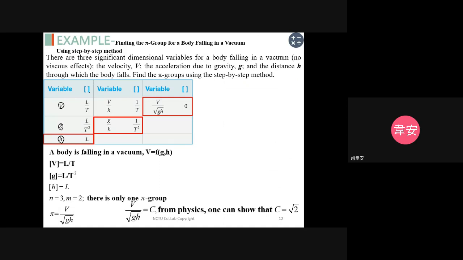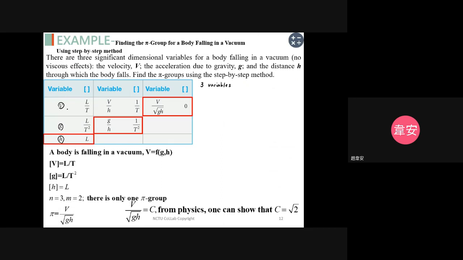So we have three variables, right? And we just list how many basic dimensions are involved.